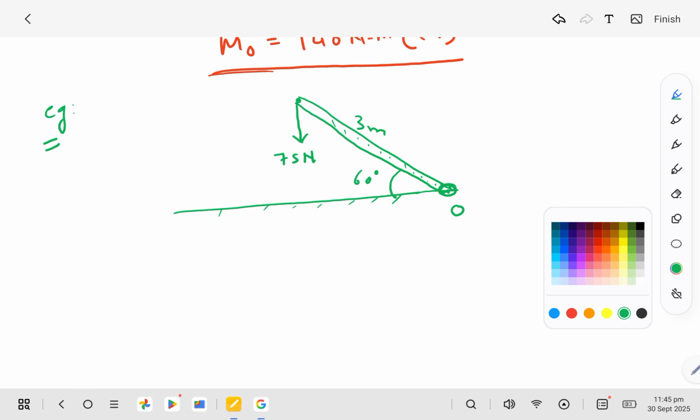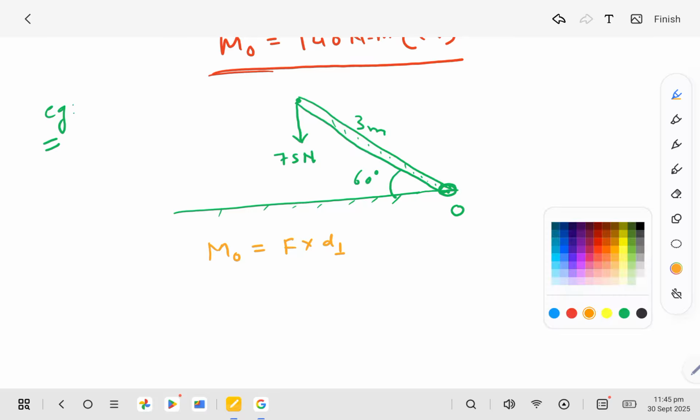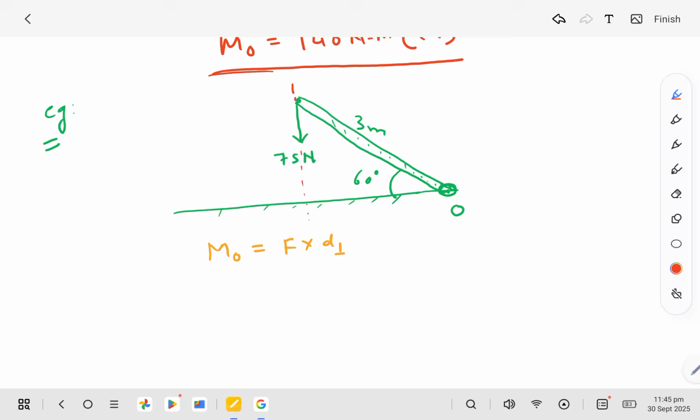Now we can find the moment M_O equal to force into D perpendicular. So this is the force, this is the line of action, and this is the point O.